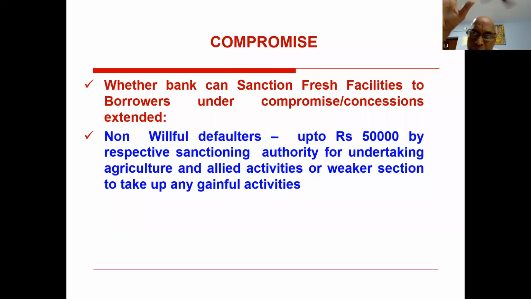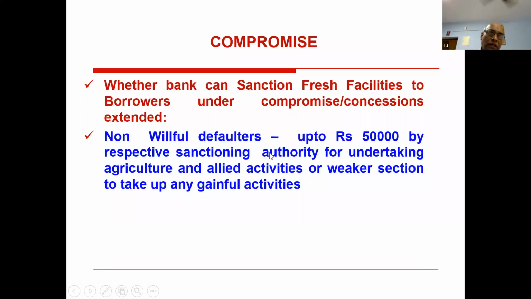Even though I told you the minimum authority for OTS is RO, AGM, CAC, even if they have sanctioned the OTS, if the borrower is coming for a loan up to 50,000 rupees, the branch in charge can sanction. You need not refer it to the RO stating that OTS is settled for the borrower. For up to 50,000 rupees for agriculture, allied activities or weaker section gainful activities, the respective sanctioning authority can sanction.